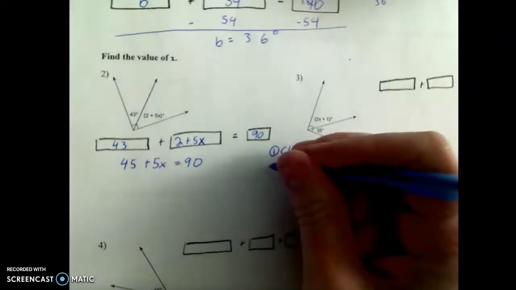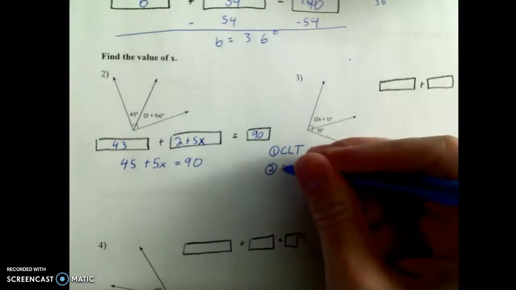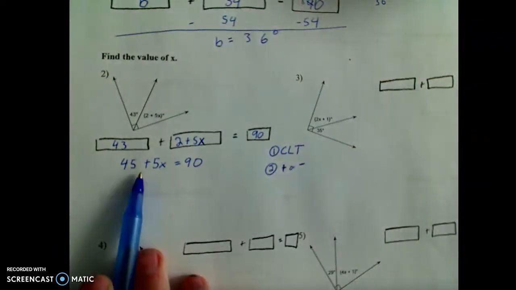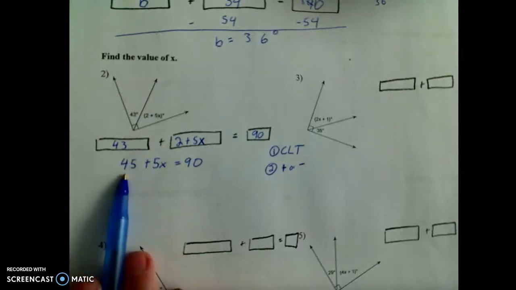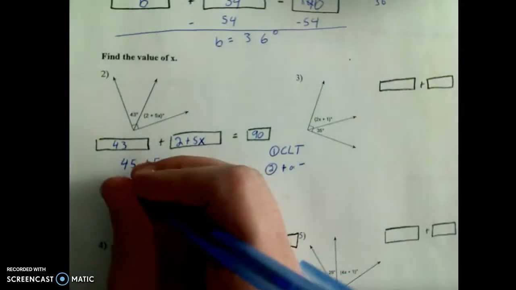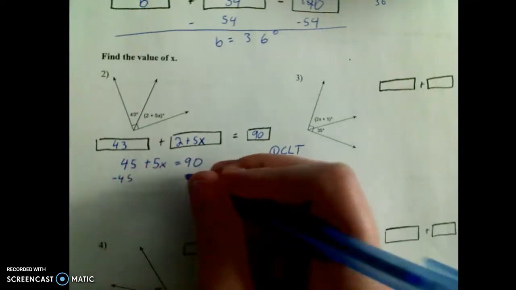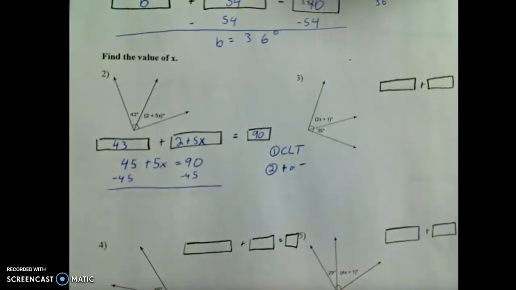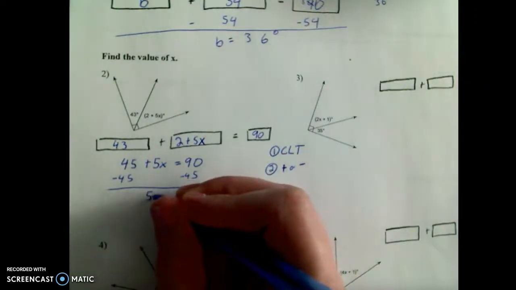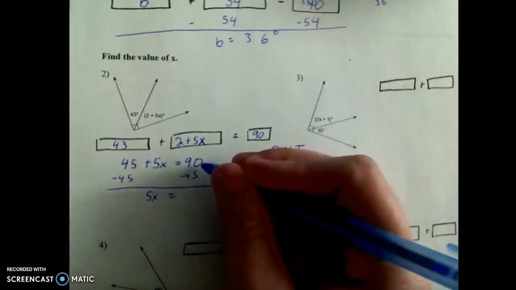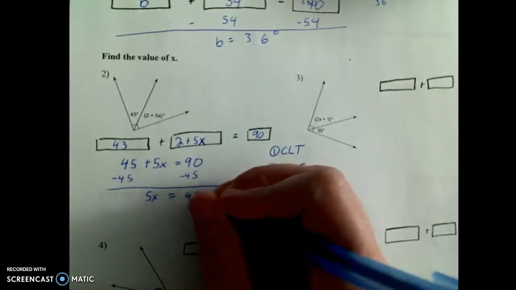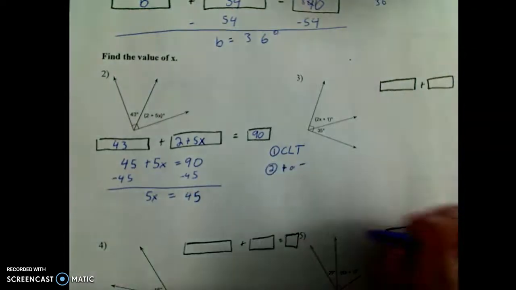Now my second step, I need to look for any addition or subtraction. Well, I have this positive 45 that's being added, so I'm going to do the opposite, which is subtract. And I'm going to end up with 5x equals 90 minus 45 is 45. Excellent. Okay, now I'm going to need one more step.